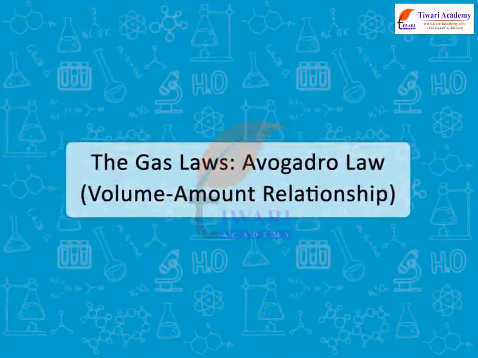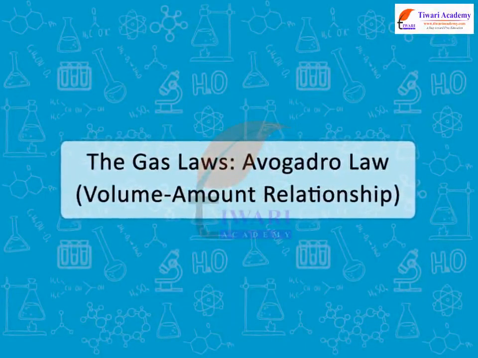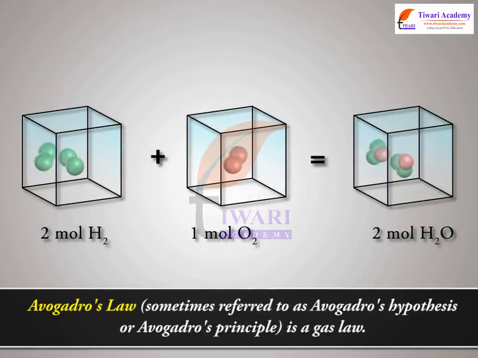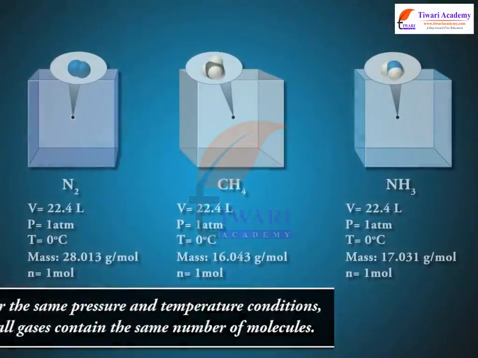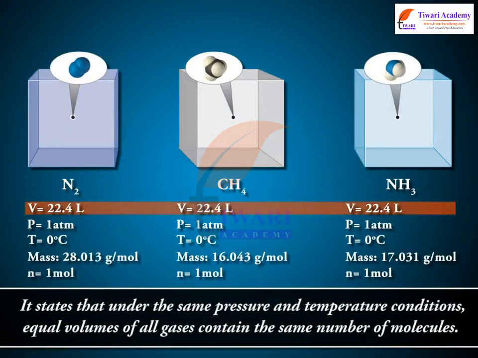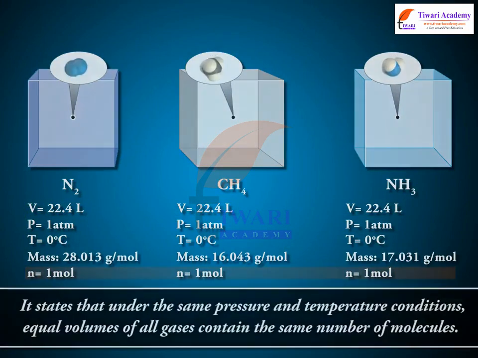The gas laws: Avogadro's law, the volume-amount relationship. Avogadro's law, sometimes referred to as Avogadro's hypothesis or Avogadro's principle, is a gas law. It states that under the same pressure and temperature conditions, equal volumes of all gases contain the same number of molecules.